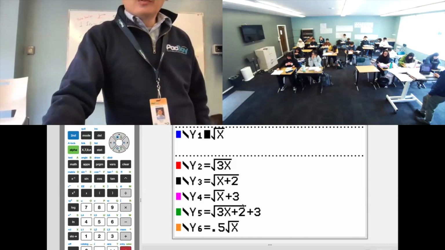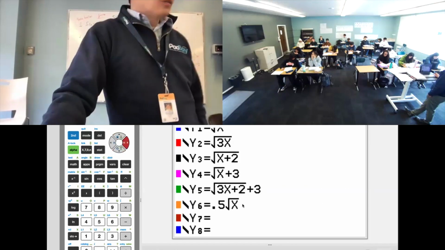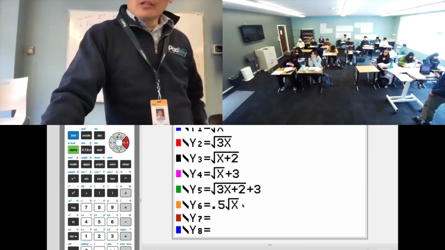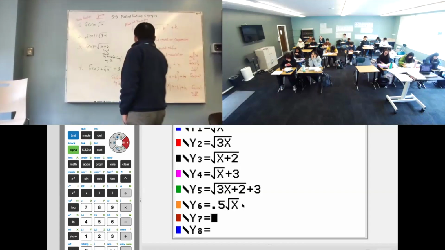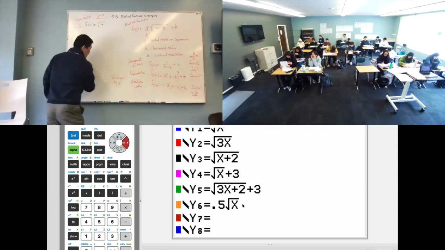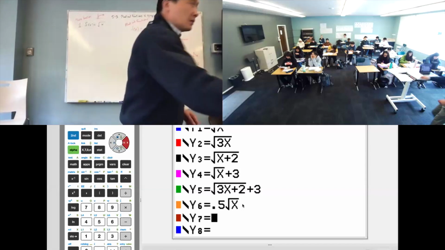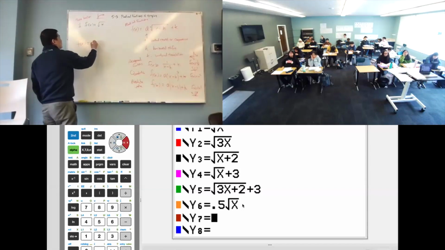I just put the cursor at the equal sign and then press enter, then I basically unselect it, and I still keep it lined up. This time, what I want to do here is the cube root function. f of x is equal to the cube root of x.